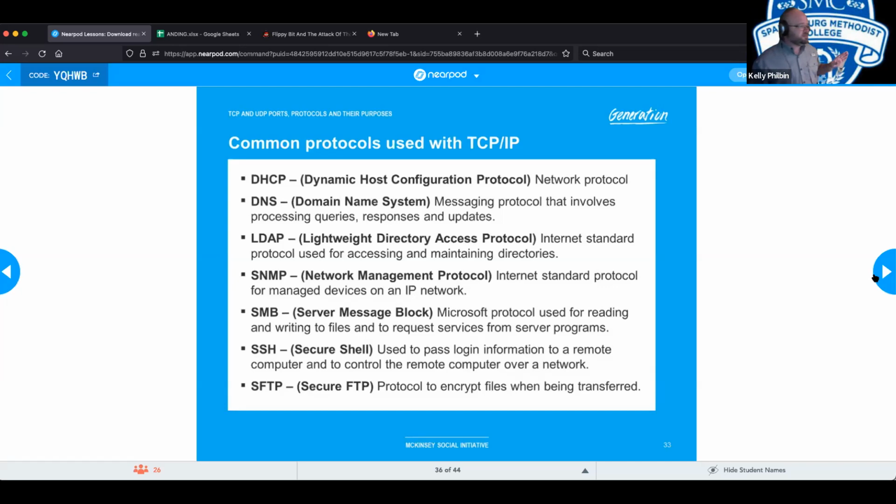It's an internet standard protocol for managing devices over an IP network. When you're in networking security, you need to gather logs and communicate with your network security devices or other networking devices. This is the protocol you would be using, SNMP, Simple Network Management Protocol, for managing your networks.